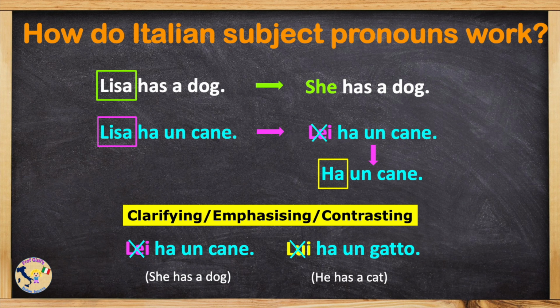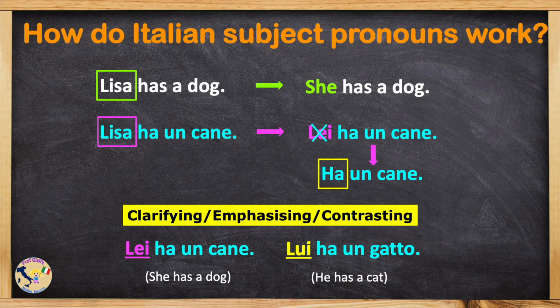However, if we had to clarify or emphasize who the person owning a dog is, or indeed who the person owning a cat is, we would have to create a contrast, and to do that we would need to use the subject pronouns lei and lui. On top of that, we would have to place the stress on the pronoun when uttering the sentence. That's the way it should sound. Lei ha un cane. And similarly we would say lui ha un gatto.